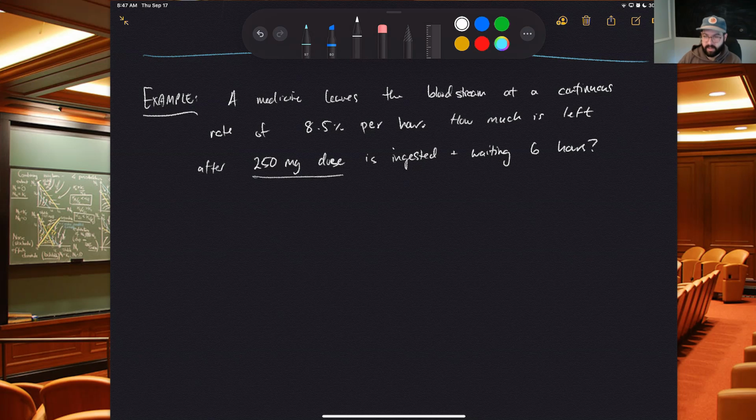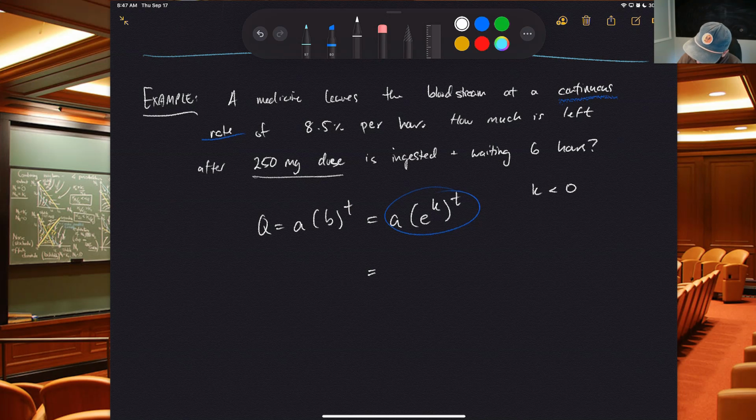So if I know that this is an exponential decay function, or Q equals A times b to the t, or A times e to the kt, because I know this is a continuous rate, I know it's going to be this one, then what that tells me is that the quantity is decaying, so k must be negative.